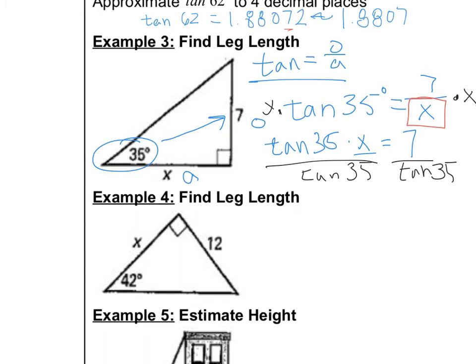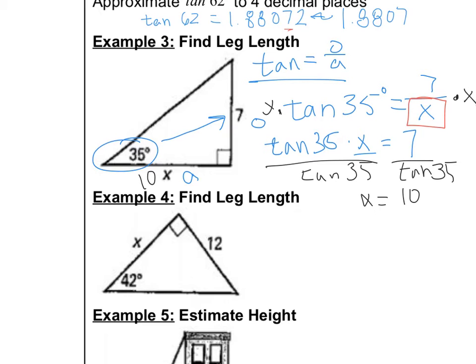In your calculator, take 7 and divide it by tangent of 35. I got 9.997, so I'm just going to round that up to 10. So x equals 10. This side right here is going to be 10 units long.